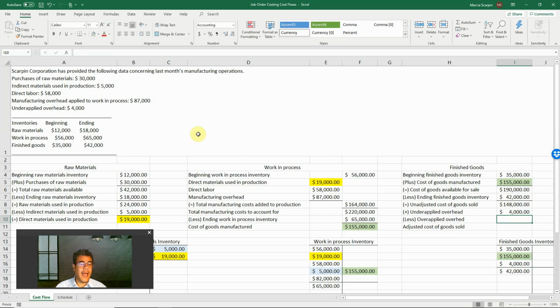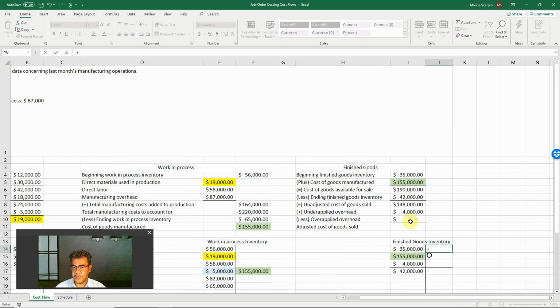Less over applied overhead. We have nothing, so no over, so nothing here on credits. Adjusted cost of goods sold, 148 plus 4 less nothing, 152. Double check here.